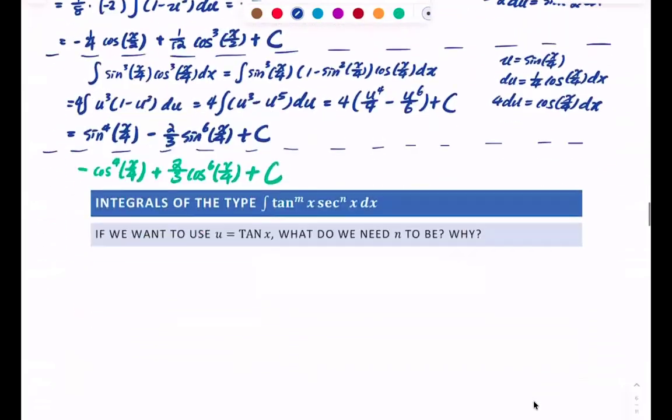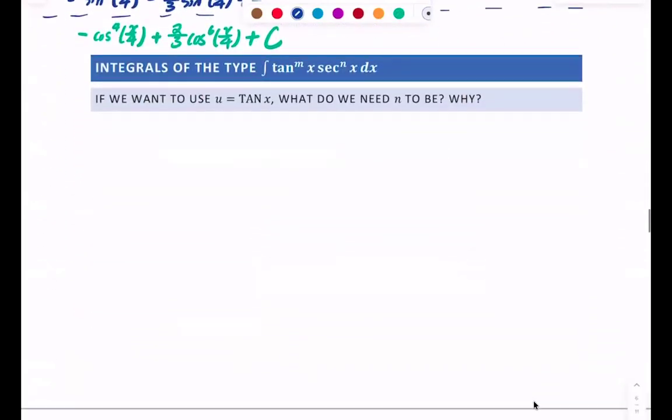And then now let's talk about tangent and secant combination. But the way to analyze it is exactly the same as with sine and cosine, because you just count the numbers, right? What if I want to do tangent sub, then what needs to be there to make it happen? What if I want to do secant sub? What expression should be there to make it happen? It's still based on the u-substitution skill.